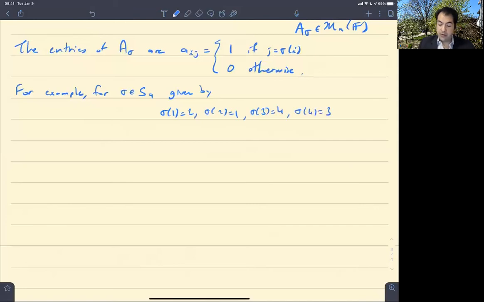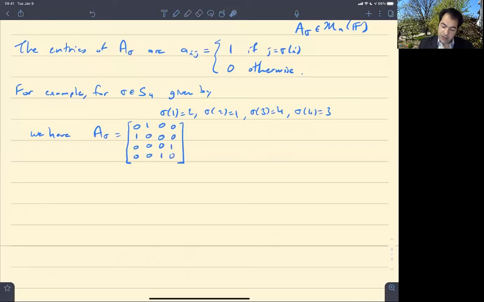So I just have the same numbers, 1, 2, 3, 4, in some order. So here, the matrix A_sigma would be a 4 by 4 matrix. Let me finish writing it and then I'll point out what it's doing.